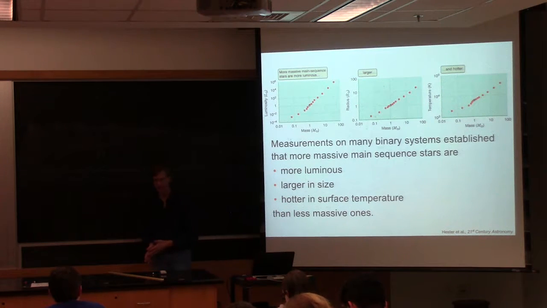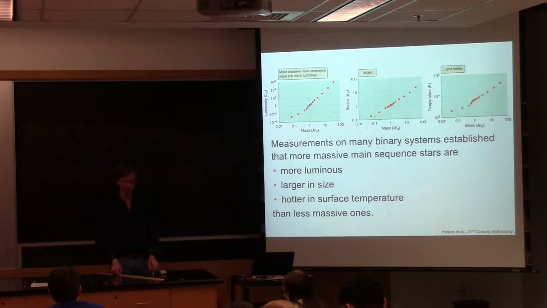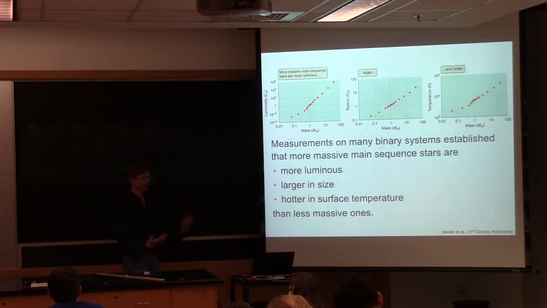That's what's setting the upper limit, because the star has to be so luminous just to keep its core from collapsing with that kind of mass.